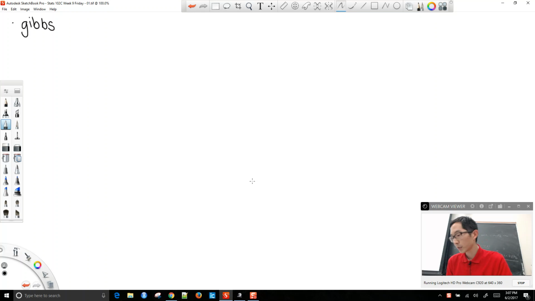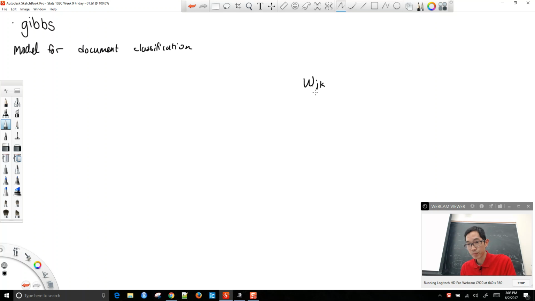All right, so we're talking about our document generation. Well, we have a model for document classification, right? And we said the words, these are the words.